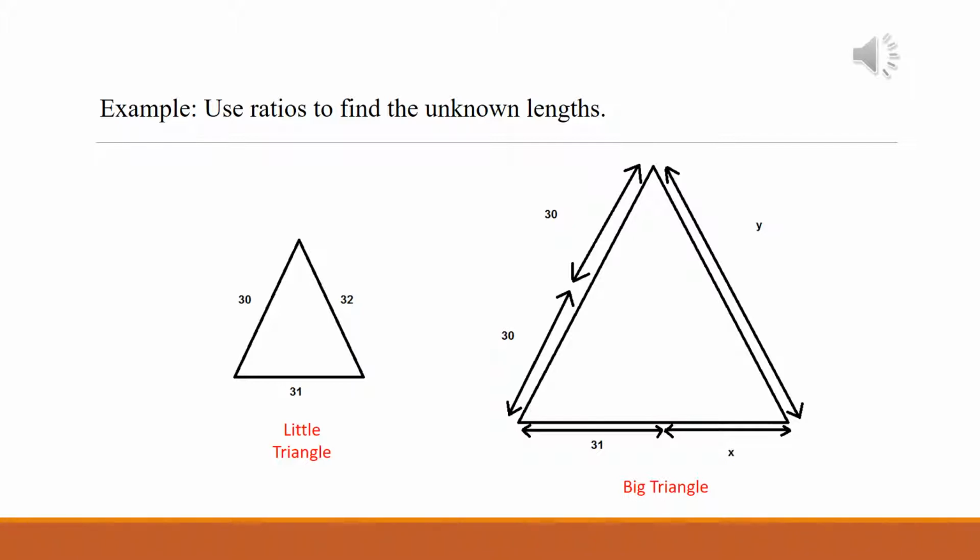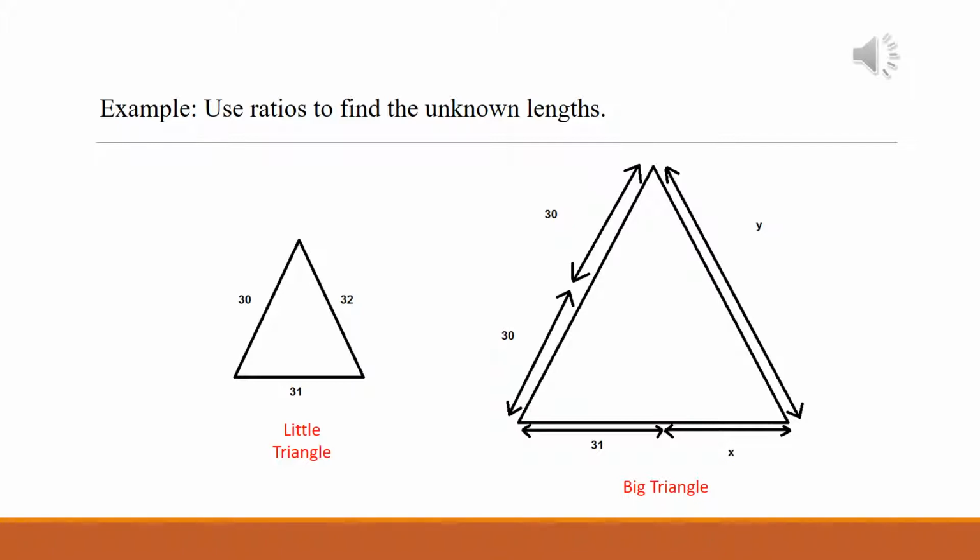What I've done on this page is separate the triangle into the little triangle, the one on the inside, and the big triangle, the one on the outside. I haven't redrawn this perfectly, so you notice my arrows are a little wonky, but I think you get the general idea. The thing that makes this problem a little bit easier is that we know all of the sides of the little triangle.